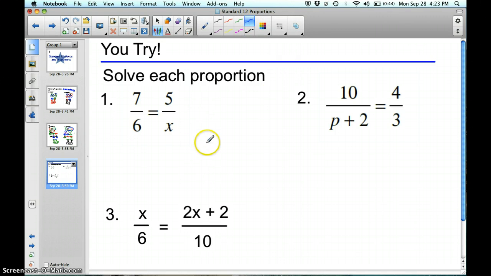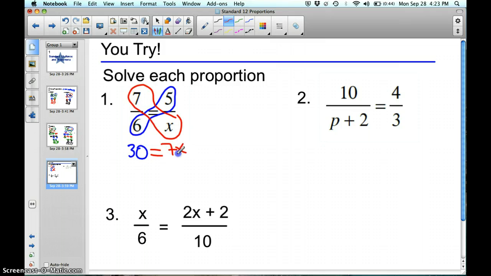Okay, so we are solving these the same exact way. We're going to start by cross multiplying, so I'm just going to multiply 6 times 5 to give me 30. And then I'm going to do 7 times x, which just gives me 7x. Now this is just a simple one-step problem.